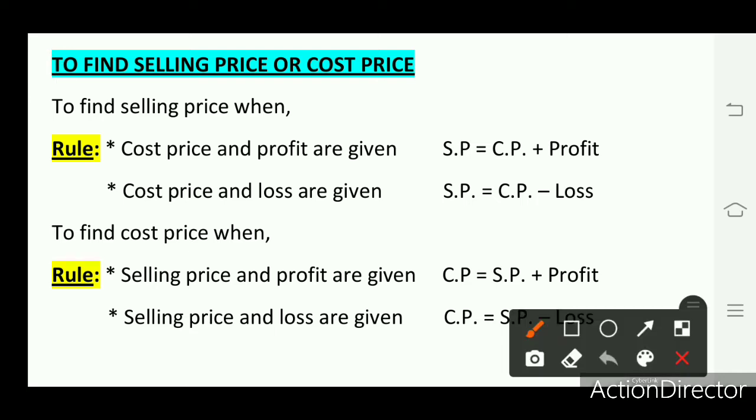Now next, to find cost price, when selling price and profit are given, then cost price CP equal to selling price SP minus profit.